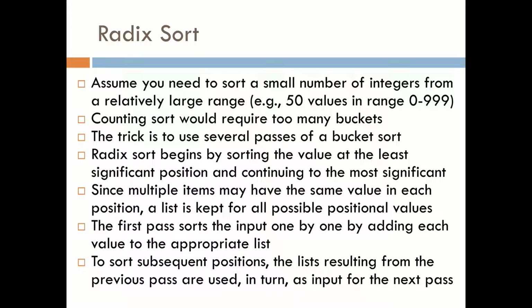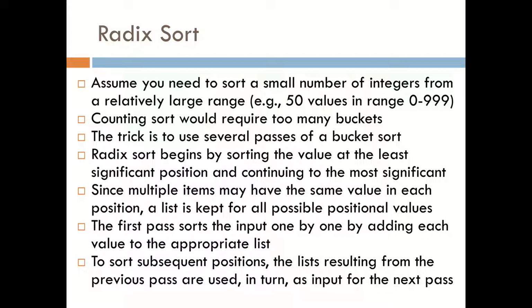So the trick then is to use multiple passes of a sorting approach called bucket sorting. We begin by sorting the value at the least significant position, and then we continue to the most significant.